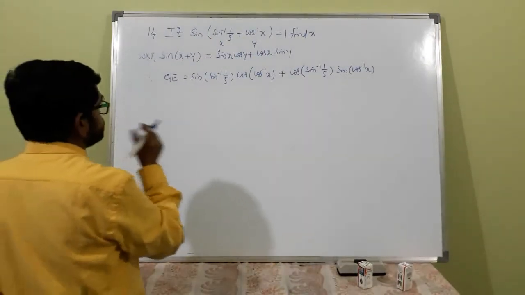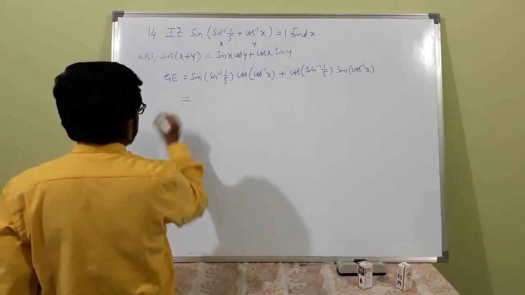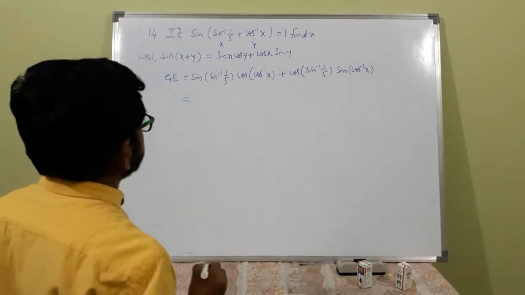So this is equal to sin of sin inverse 1 by 5.